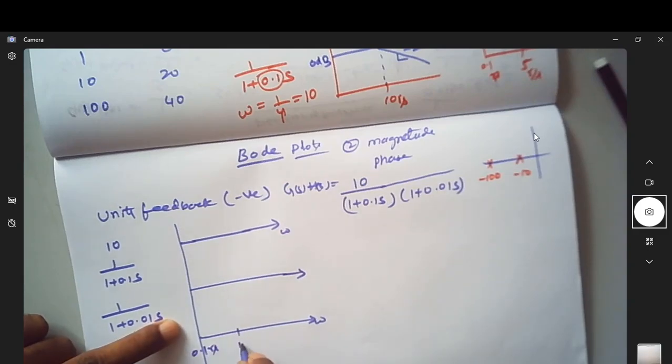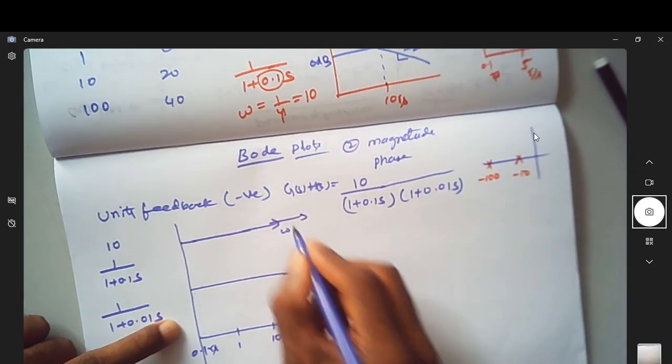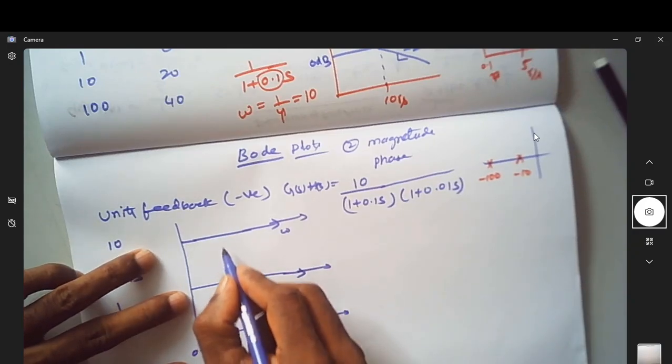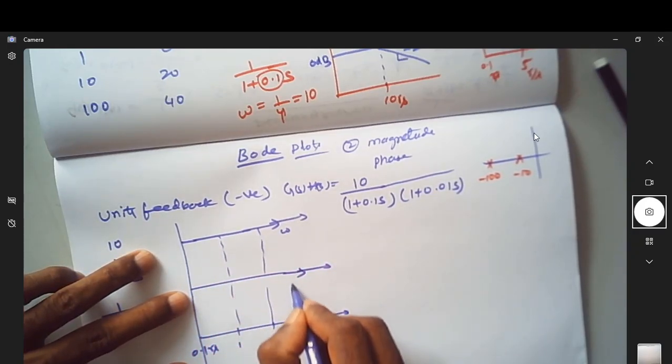Let us take this as 1, this as 10, and this as 100. Let us have the magnitudes keep going up here like this. These are some reference points.